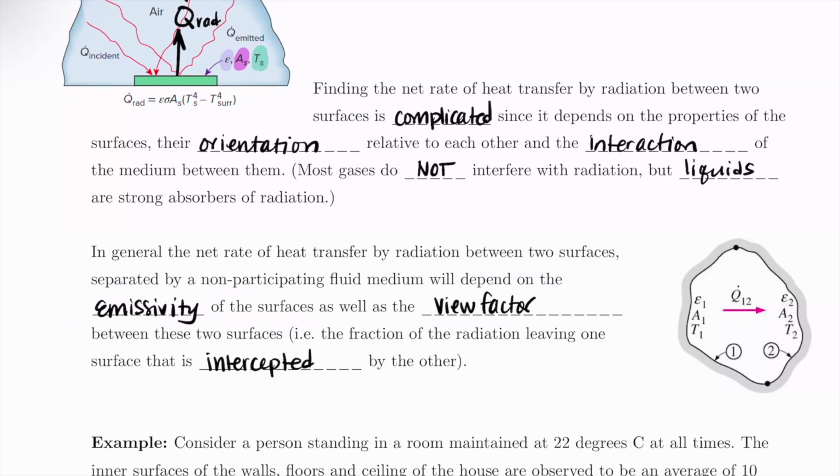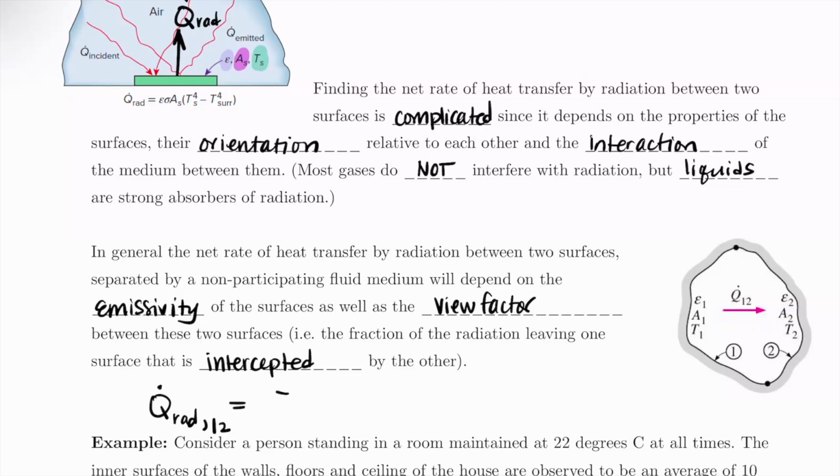All right, so if we have this circumstance to the right here, and we wanted to find the rate of heat transfer due to radiation from surface 1 to 2, this would look like this.